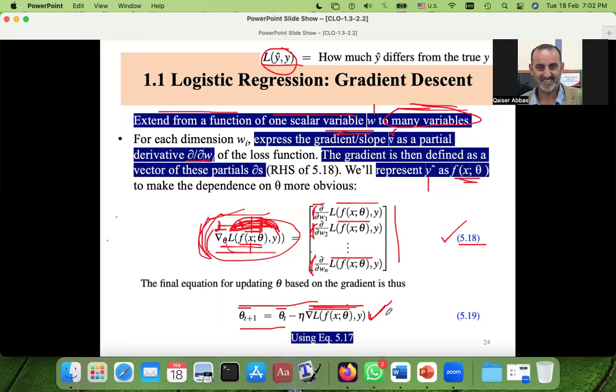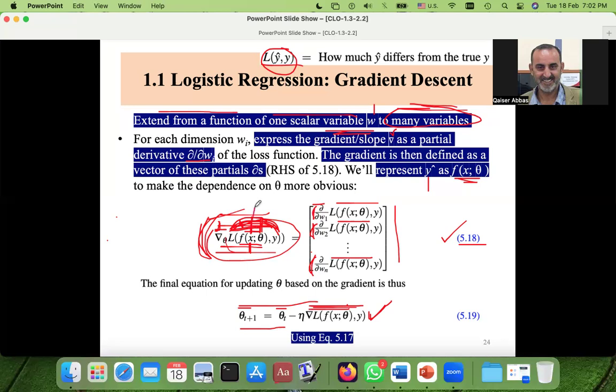So one row has five or six features, like the pressure, the skin and the age, whatever. Each feature has its own weight, right? We are taking the differentiation for each of these features.